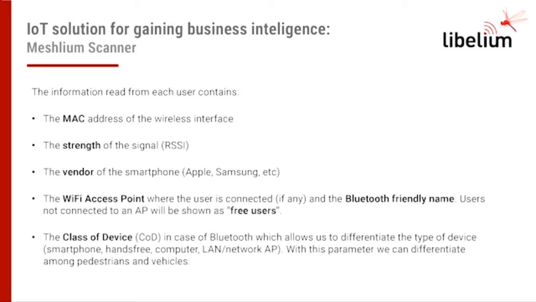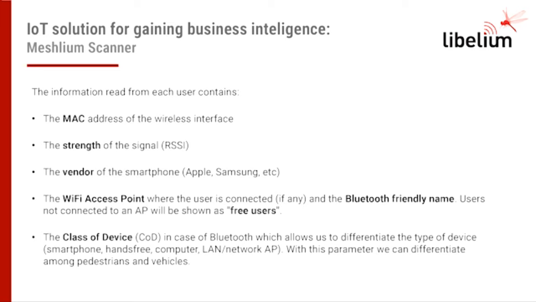Also, we will know the vendor, whether it is Apple, Samsung, Xiaomi, or any other brand, and the name of the Wi-Fi access point where the users are connected, if there is any, and also the Bluetooth friendly name. In case the users are not connected to any access point, the device will be shown as free users.